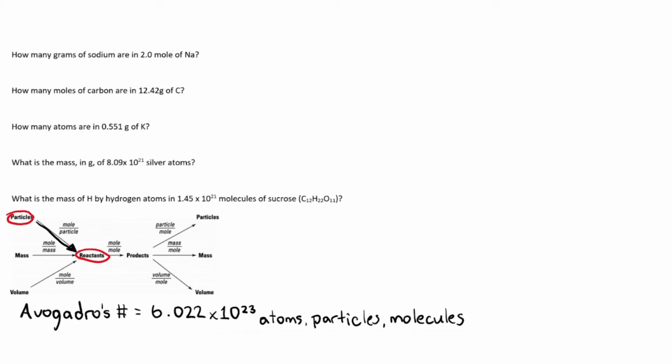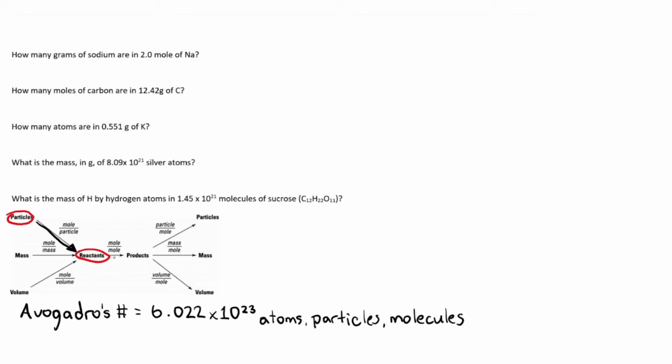Now, where do we go from here? We need to get to mass, but we don't want to go in this direction, because that will give us mass of sucrose. We don't want the mass of sucrose. We want the mass of hydrogen. So we're not going in that direction.